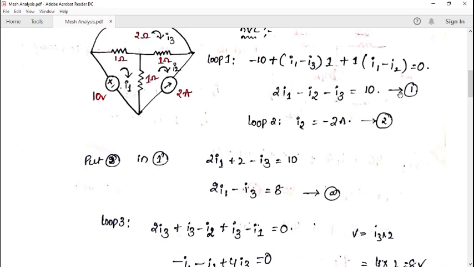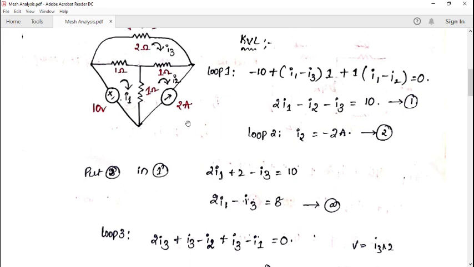Using second equation, put equation number 2 in 1, so we'll get 2I1 minus I3 equal to 8. Let us treat it as A, and let us write loop equation for loop 3.